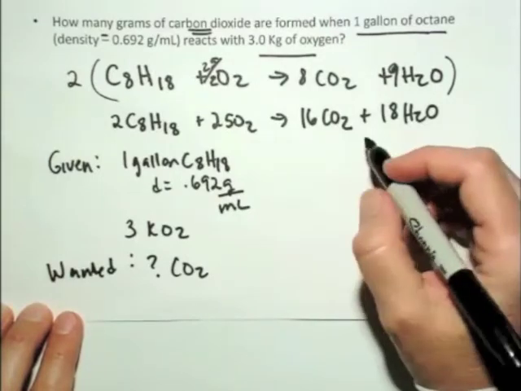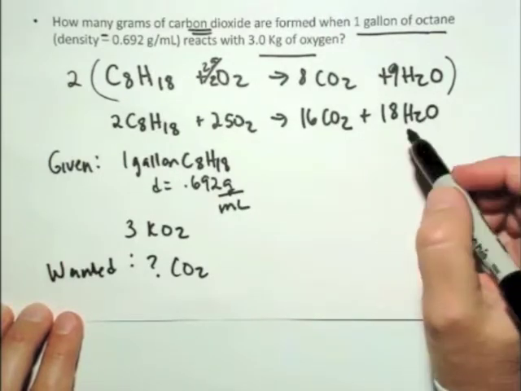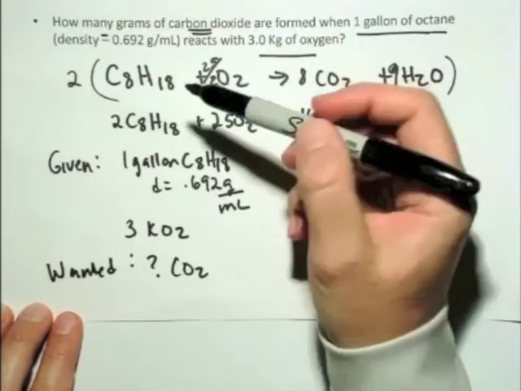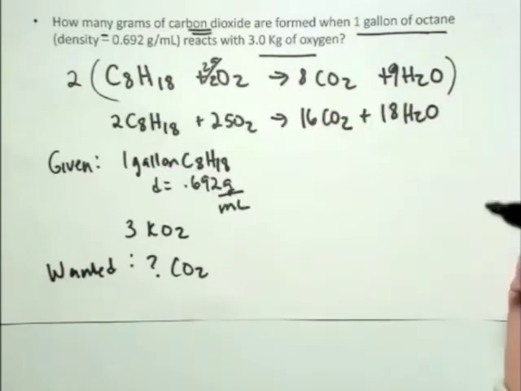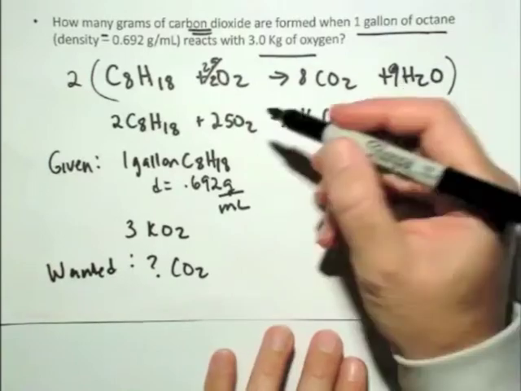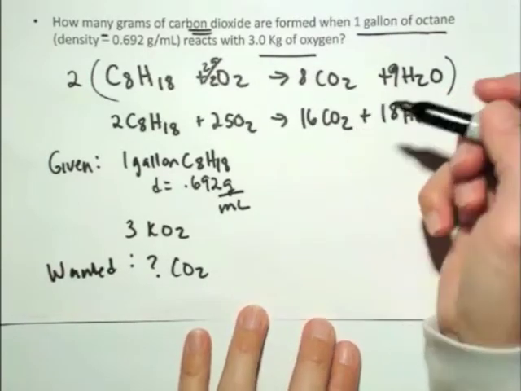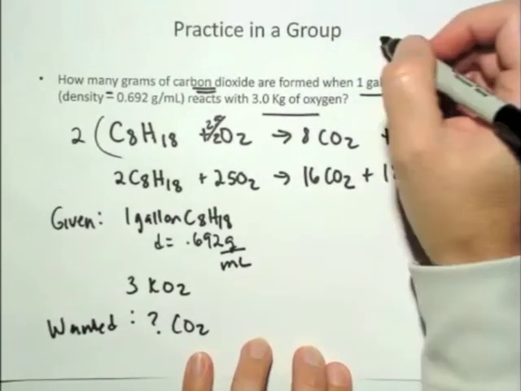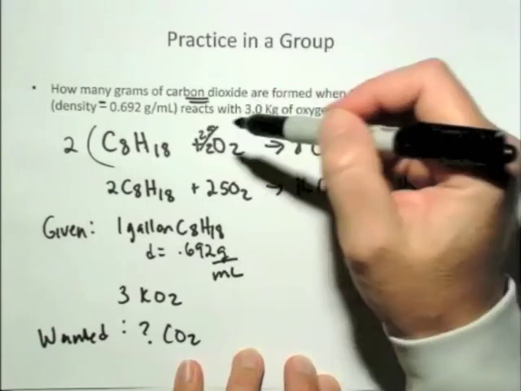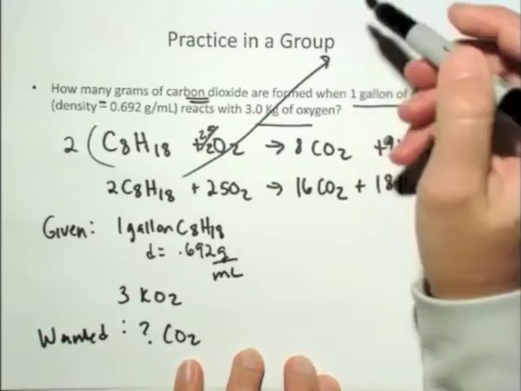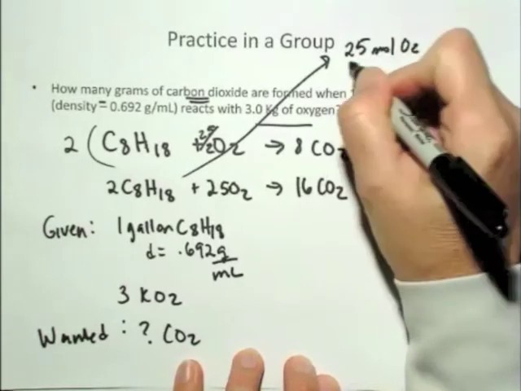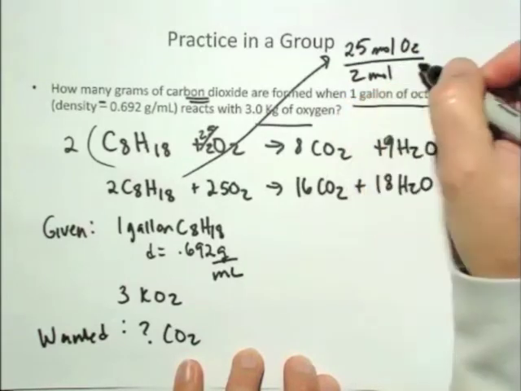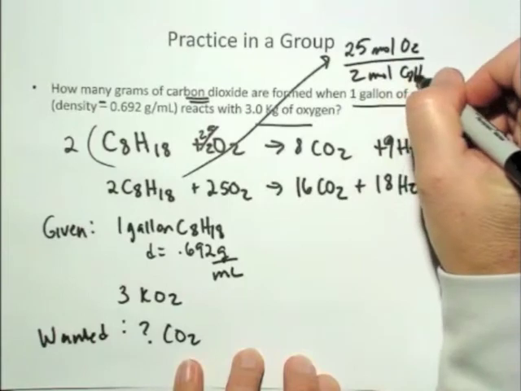And so we will do our mole-mole ratio and figure out the ratio of moles of oxygen to octane that are given in this particular case. And what's needed here, of course, from the balanced equation, is 25 moles of oxygen per 2 moles of octane.